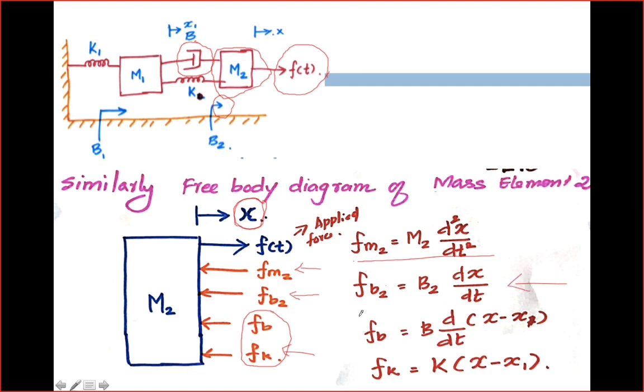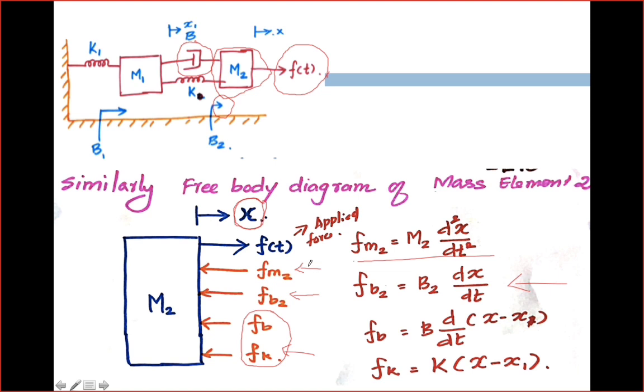The third equation, f suffix b. This particular dashpot is in between mass element m2 and m1, hence the differential equation is f suffix b is equal to b into d by dt of x minus x1. I told you that with respect to m1 you have to write the displacement like x1 minus x.